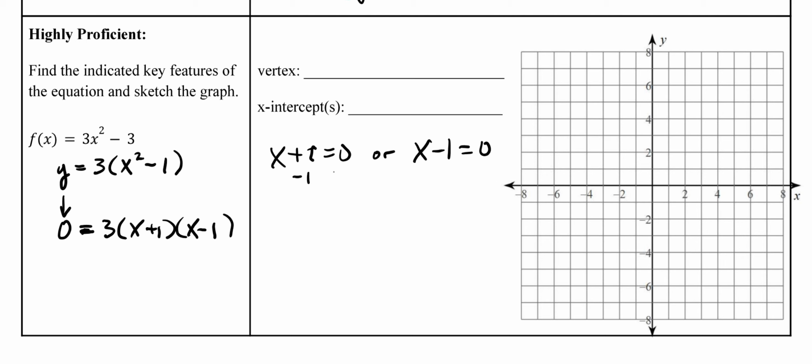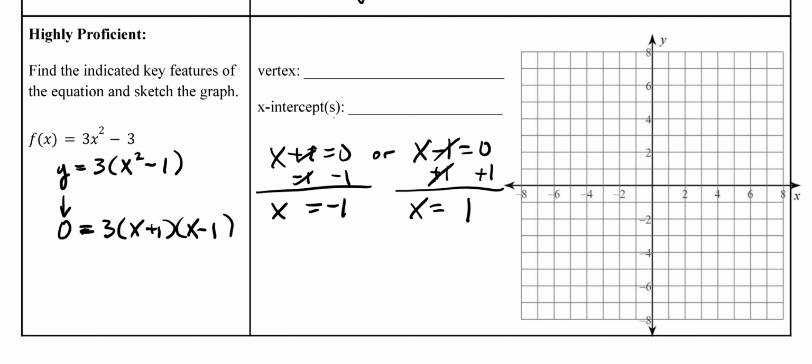And here I'm going to subtract 1 and subtract 1, boom, boom, x equals negative 1. And over here I'm going to add 1 and add 1, and that cancels. X then equals 1. And so my x-intercepts are at negative 1, 0, and 1, 0.